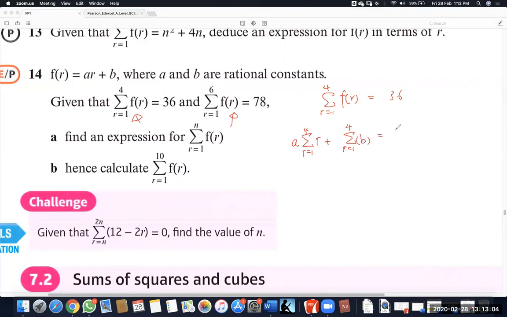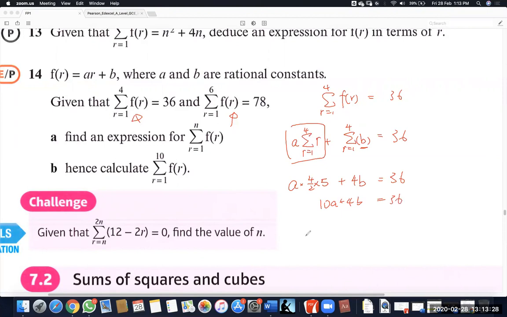B is also a constant. So here, that means A times 4/2 times 4 plus 1. And then here you just add B by 4 times. And then you get 10A plus 4B equal to 36.